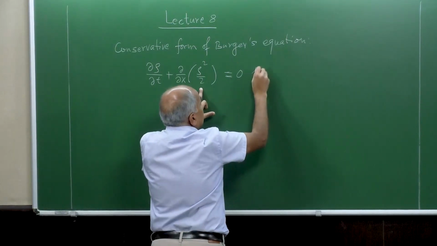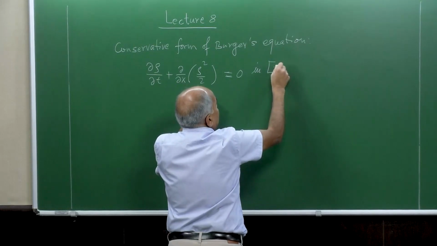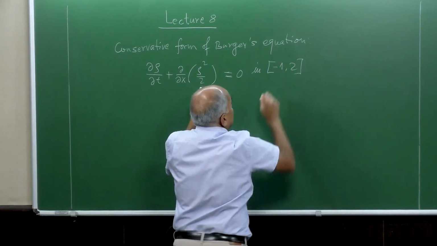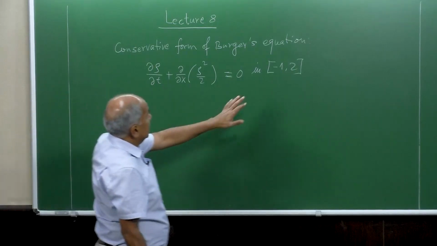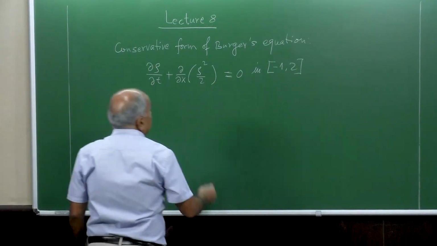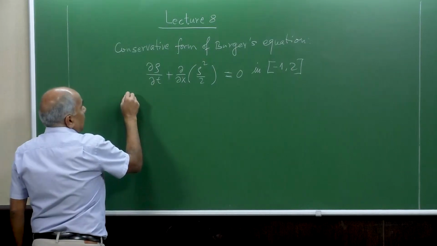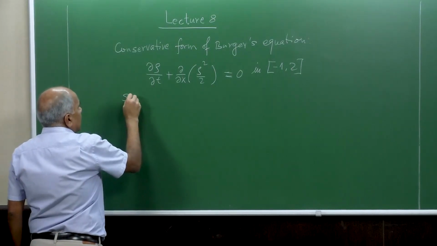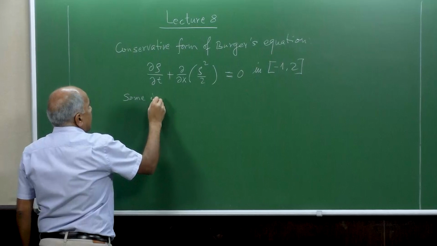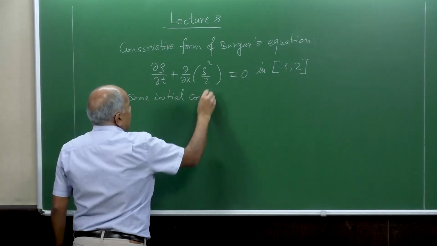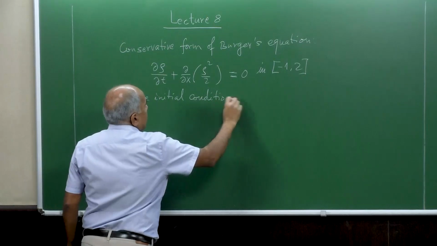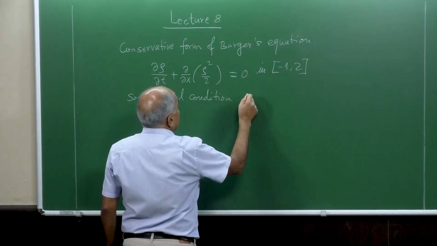Now again I take minus 1 to 2, the same example as before. So my domain is minus 1 to 2 and some initial condition, same like earlier.